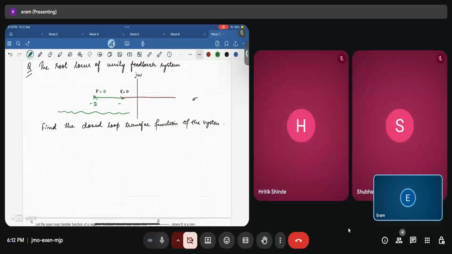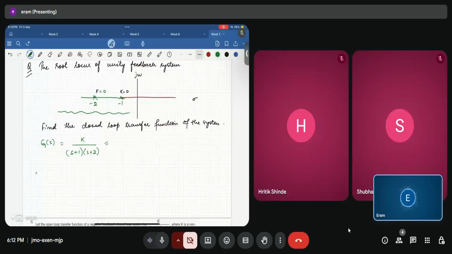so for this case we can easily calculate the open loop transfer function first, which is G of H will be nothing but k divided by s plus 1 s plus 2, because we have open loop poles at -1 and -2. So the open loop transfer function will be nothing but k divided by (s plus 1) into (s plus 2).